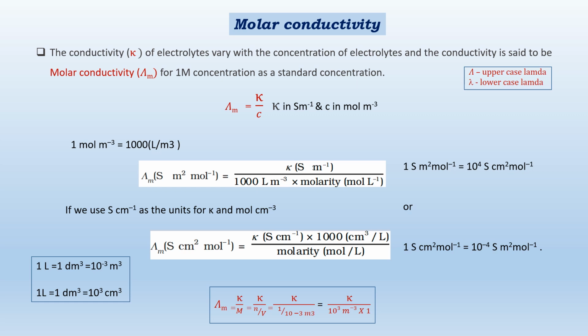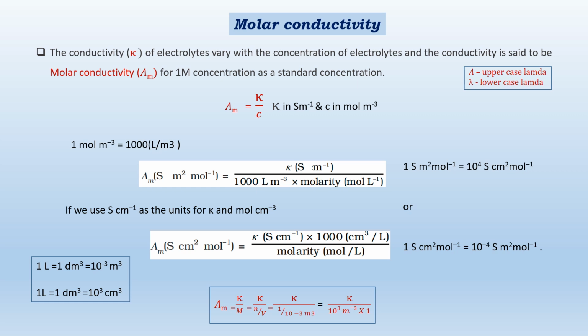For n I have written 1, and for V I have substituted 10 power minus 3 meter cube, and this 10 power minus 3 meter cube goes from the denominator to the numerator, and it was converted to 10 power 3 per meter cube. 10 power 3 is nothing but 1000, as shown in the formula, 1000 per meter cube, the inverse.